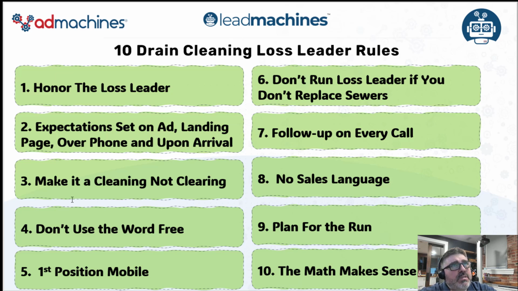And sometimes this campaign will have that negative effect if you don't run it correctly. And what I mean by honor the loss leaders, get yourself some 5-star reviews where you just get the ticket, whatever you're charging, the $69, $79, $99 drain cleaning. That definitely will help you in negating any type of negative reviews that you may get.